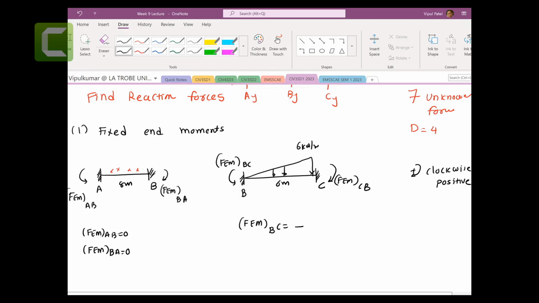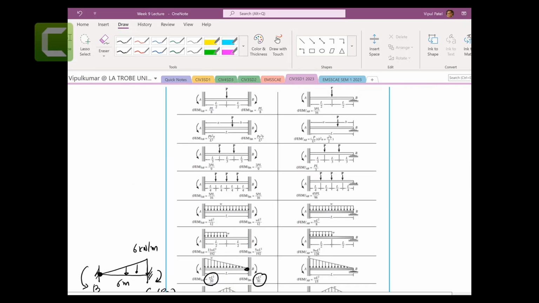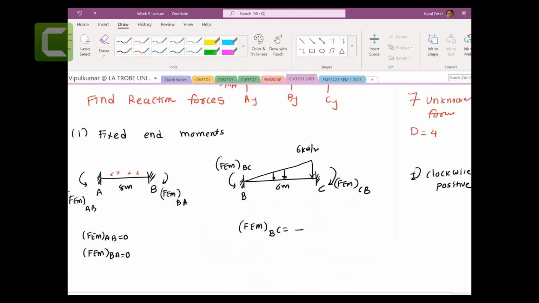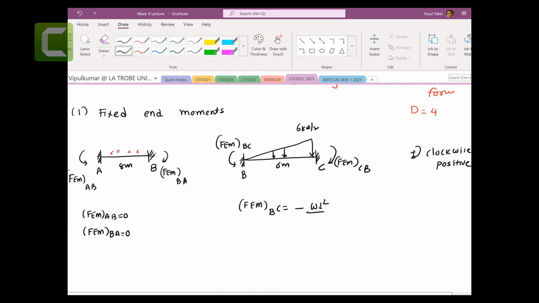You remember that in our displacement method, all clockwise are positive. So this is anti-clockwise, so that is minus, and that BC equation was WL square on 30. WL square on 30 minus 6 kilonewton per meter times length 6 meters square over 30. So that will give me a value of minus 7.2 kilonewton meters.